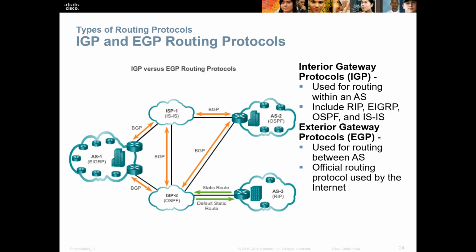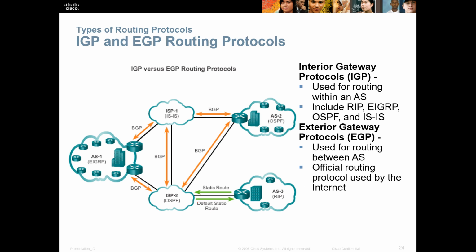So how do our IGPs and EGPs work? Again, EGPs are exterior gateway protocols. IGPs are going to be used for routing within an autonomous system or within a sphere of control. EGP is going to be used to route between AS numbers, or autonomous system numbers.